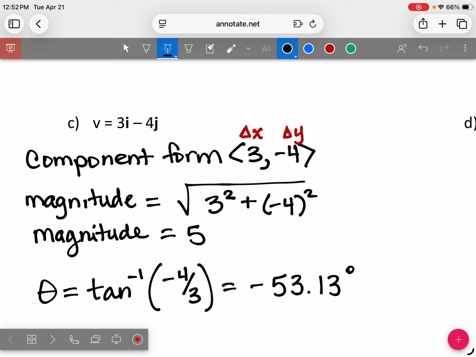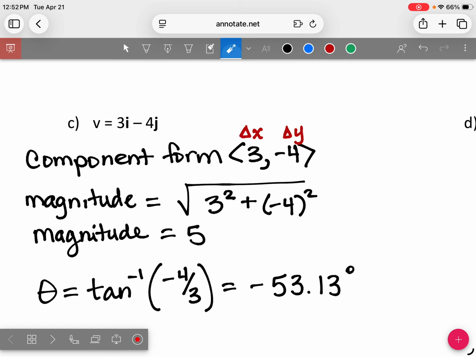Now, the only thing we need to worry about is our direction. So let's go back to our component form. Yes, the box that says formulas to know is there because those are formulas you need to know, since they won't be given to you. There's a few more that'll be coming also.